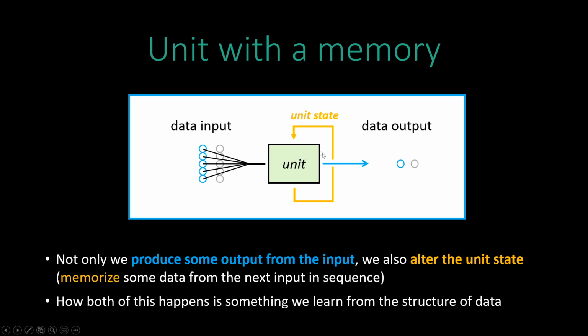And so this next frame will be processed with the information from this next data, but also from the carried over unit state from the previous iteration. Okay, and so it should also give us a new data output. And so this continues, and we want this unit to parse through data, but also change something inside it.